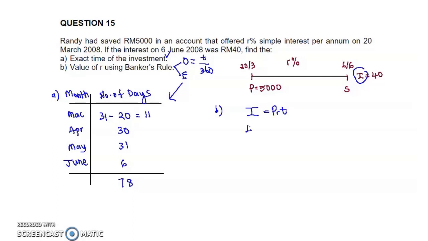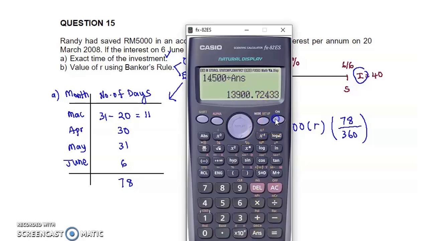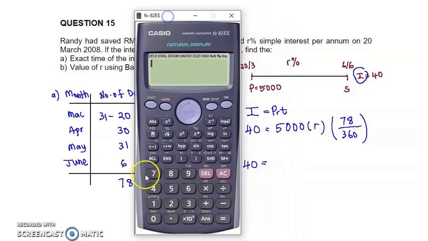So substitute value I equal to 40, P 5,000, R and then T 78, Banker's rule divided by 360. 78 divided by 360 multiplied by 5,000.